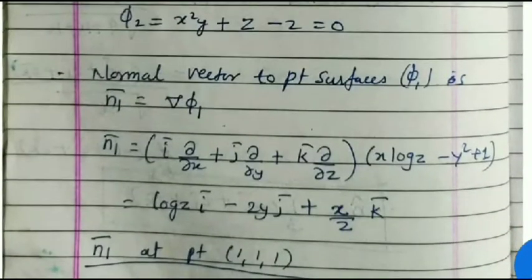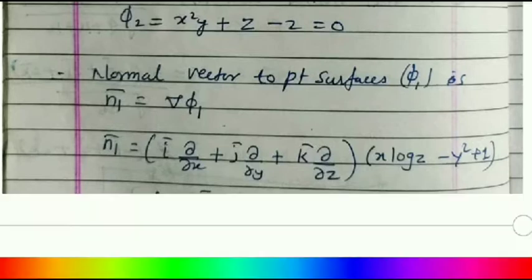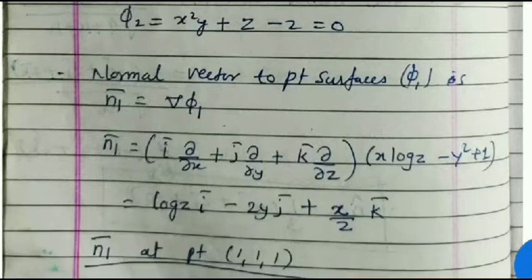We know the formula of normal vector to a surface. We are given the two surfaces. So we calculate the normal vector for the first surface. Consider it n1 bar. N1 bar equals del phi 1. So n1 bar equals, del means i bar del by del x plus j bar del by del y plus k bar del by del z.